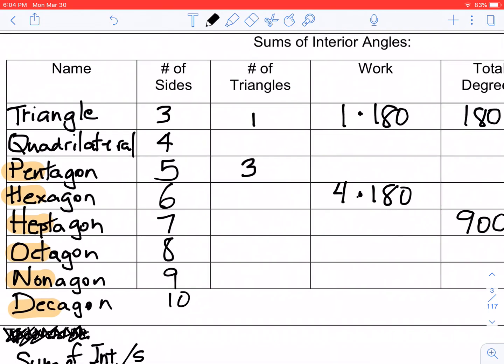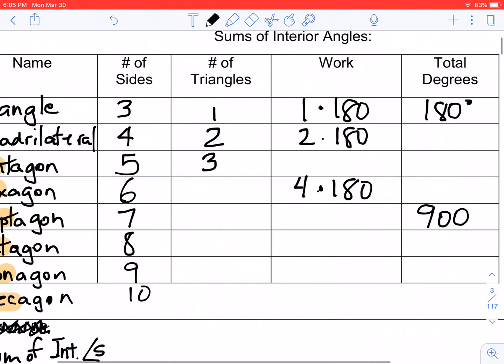A quadrilateral, there are two triangles hiding in a quadrilateral. Now I know you could draw two diagonals and create four triangles, but we don't want them to overlap. So non-overlapping, there's two. So each of those triangles has 180 degrees. So the total sum of the interior angles, you can think about a square and a rectangle, are two obvious ones, that will add up to 360.